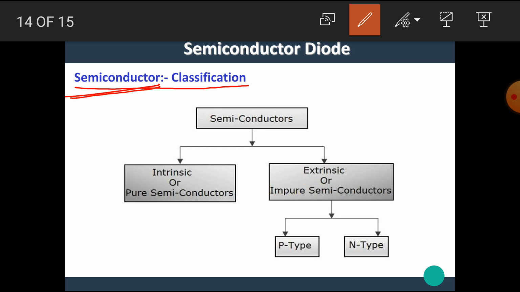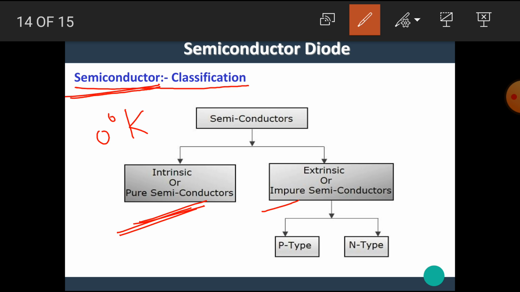The semiconductors are further classified into two types: intrinsic or pure semiconductor, and extrinsic or impure semiconductor materials. The semiconductor material in its pure form is called intrinsic semiconductor material. At absolute 0 degree Kelvin temperature, the semiconductor acts as an insulator.